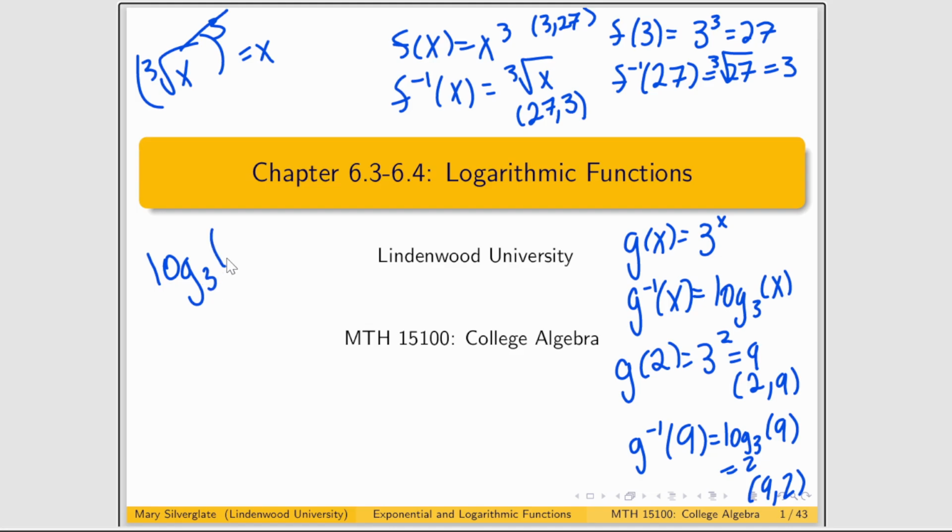If I have log base 3 of 3 to the x, that undoes each other, and I'm just left with x. And I can also think of 3 to the log base 3 of x as undoing each other, and I'm just left with x. This is not a move we're going to really do much today, but we'll be doing it soon.